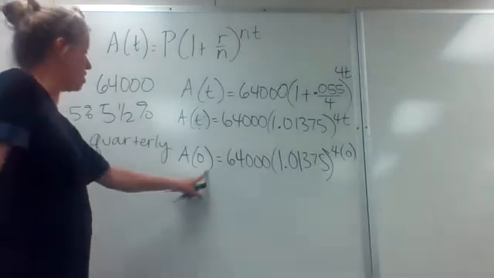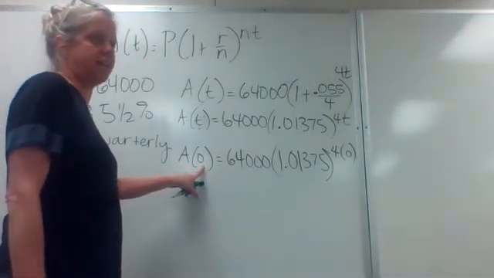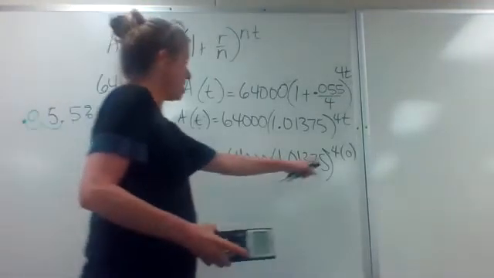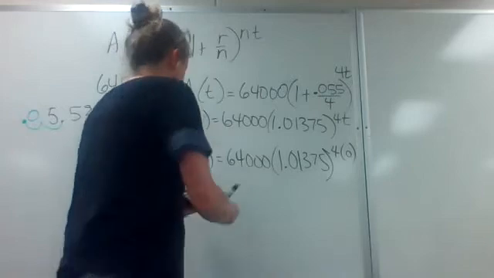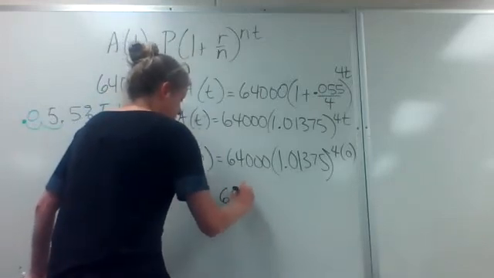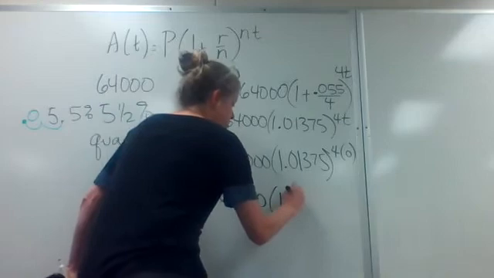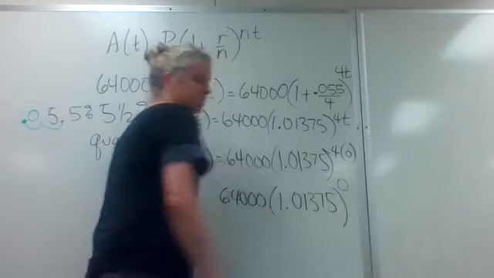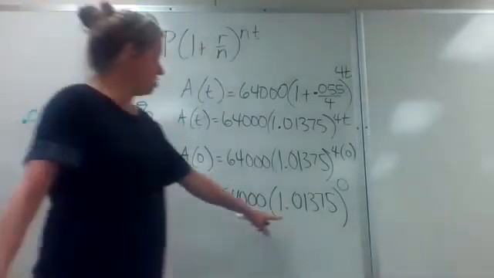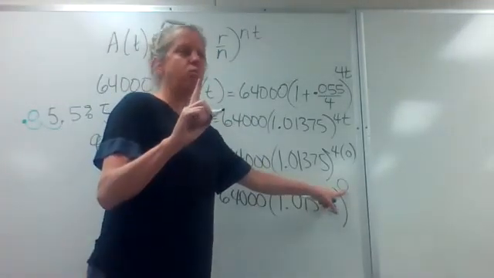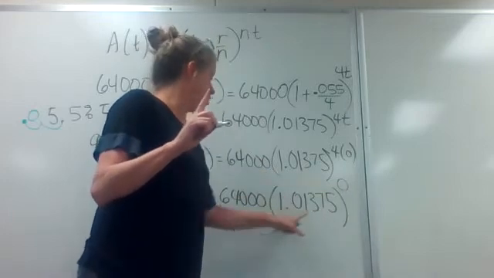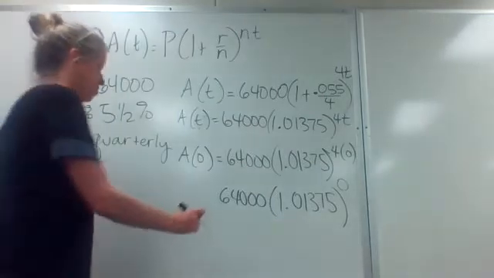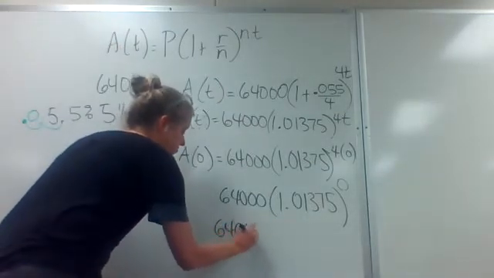If you've only put the money in and it's been in there 0 amount of time, it's still going to be 64,000, right? Because if your exponent is 0, you'll have 64,000 times 1.01375 to the power of 4 times 0, which is 0. But what is anything to the 0 power? Not 0, 1, right? So you have 64,000 times 1, which is still going to leave you with 64,000.